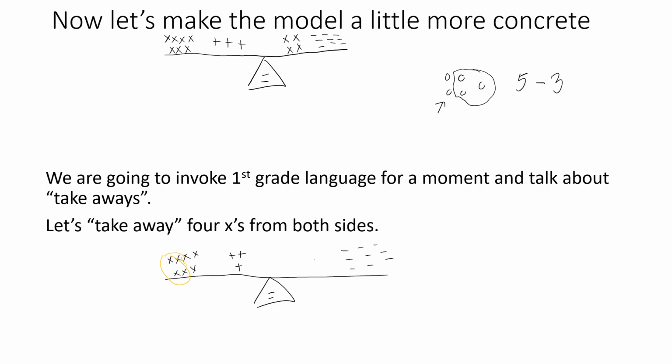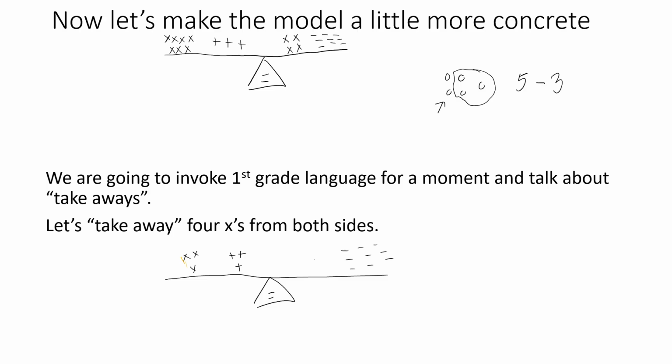So I'm going to grab my eraser, okay, and what I want you to picture is like we're picking up the 4x's off of the scale and we're taking them away. Okay, there they go. And what we are left with now is 3x's on the left with some other stuff. And then on the right-hand side, we have the 9 minuses.